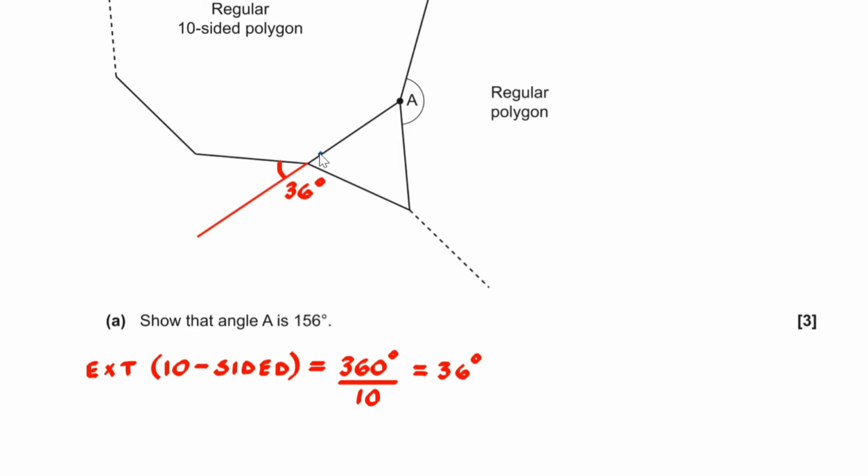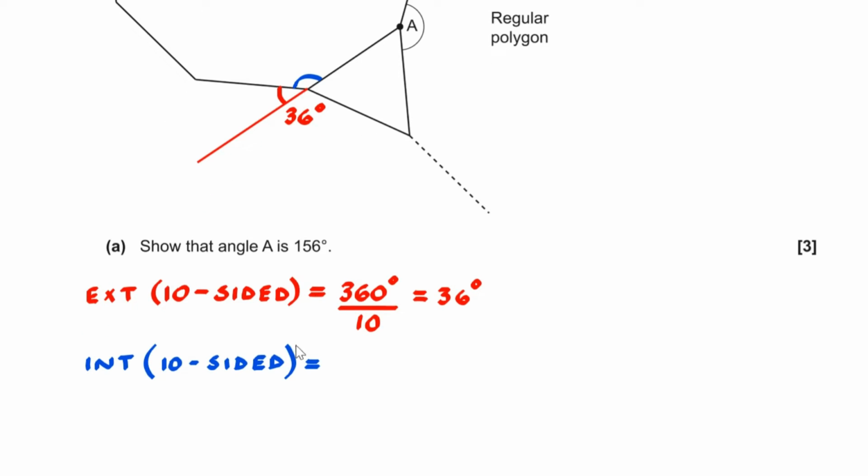And then we can find out the interior angle marked here. The interior angle of this 10-sided regular polygon will equal 180 degrees, subtract the 36 degrees, which is equal to a value of 144 degrees.